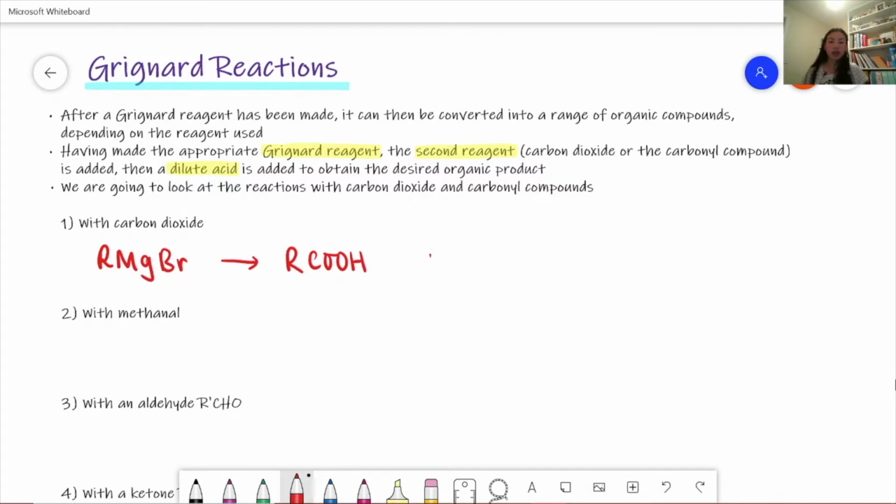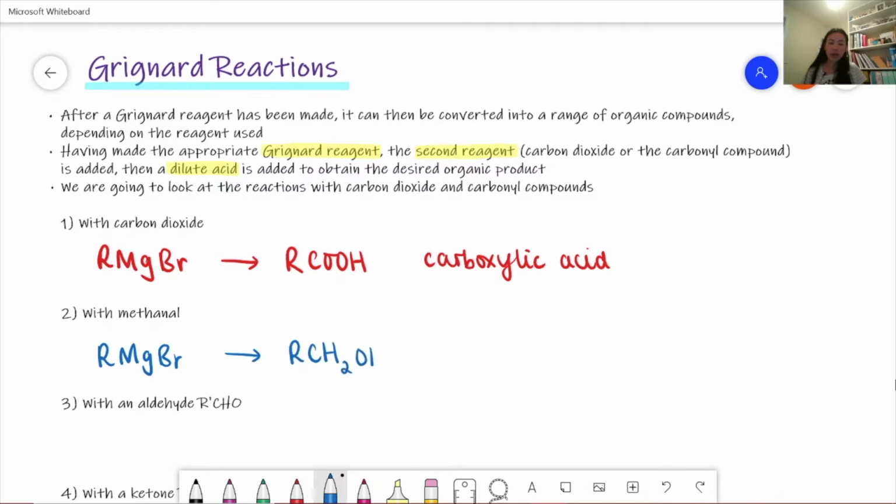So what we form is a carboxylic acid. And then with methanal, we have, again, this Grignard reagent. And this time we form an R group and then we have CH2OH. So what we form is a primary alcohol.